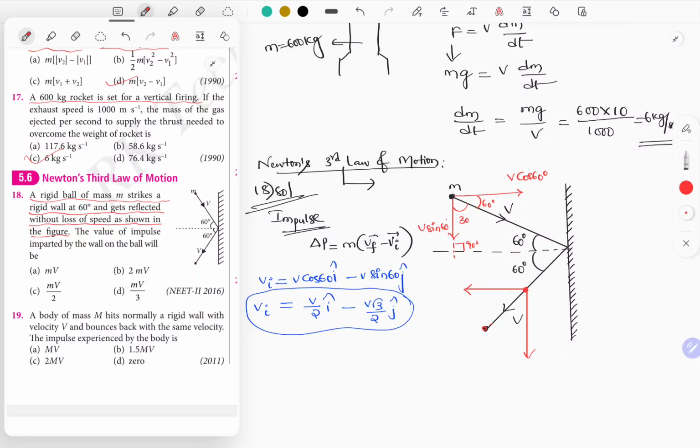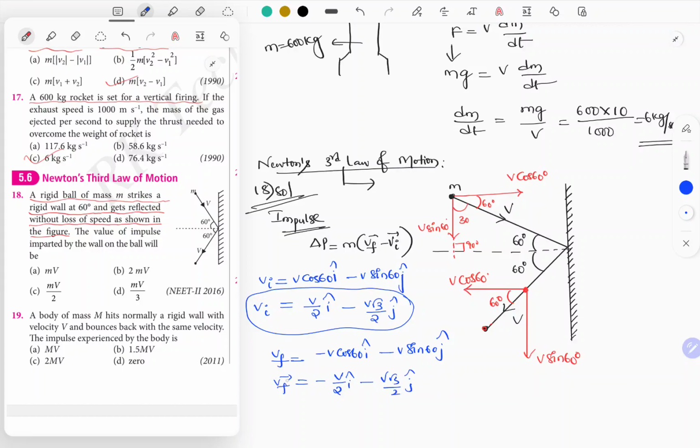If this is 60 degrees, this is also 60 degrees, so this component is V cos 60 degrees, and this is V sin 60 degrees. V final is minus V cos 60 i cap minus V sin 60 j cap, so minus V by 2 i cap minus V root 3 by 2 j cap.